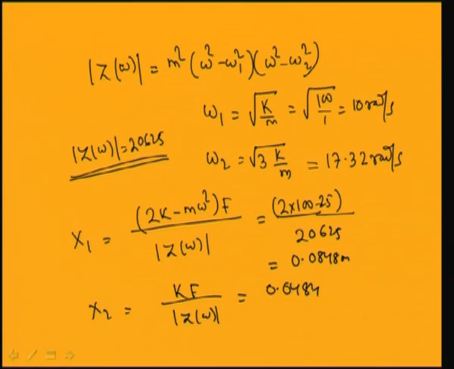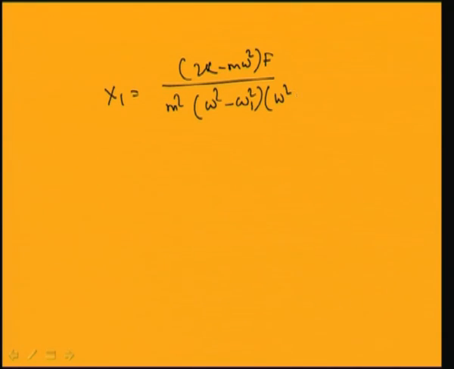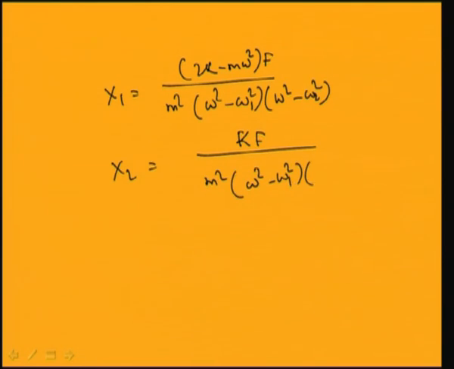From this expression, I can write x1 equal to 2k minus m omega square, times F, divided by m square into omega square minus omega 1 square, into omega square minus omega 2 square, and x2 equal to k F divided by m square into omega square minus omega 1 square, into omega square minus omega 2 square.